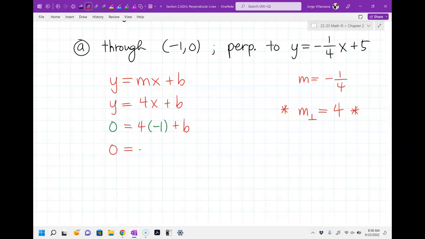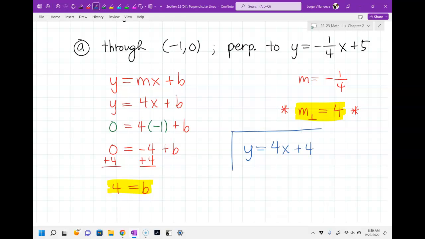So 0 equals negative 4 plus b. And we'll just move the negative 4 over to the other side by adding it. So b is 4. I have my b value. I have my perpendicular slope. So let's just write the answer. y equals 4x plus 4. And there you go.